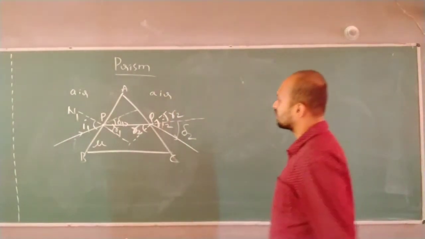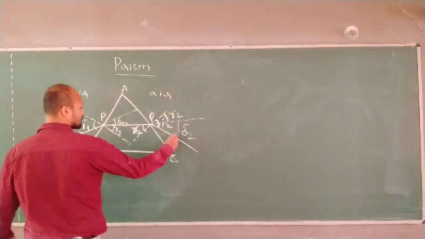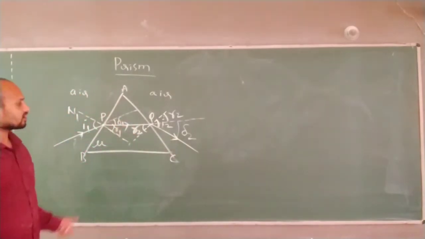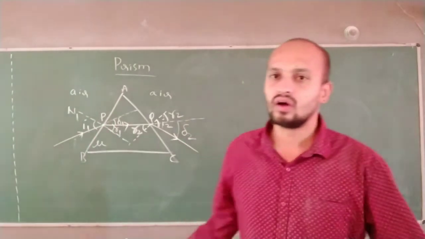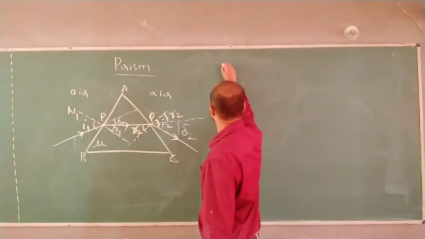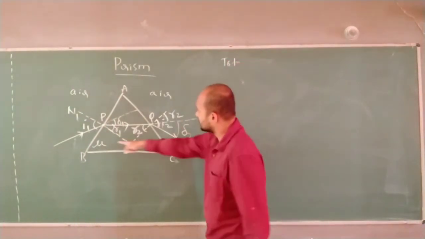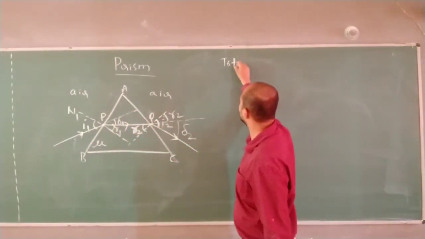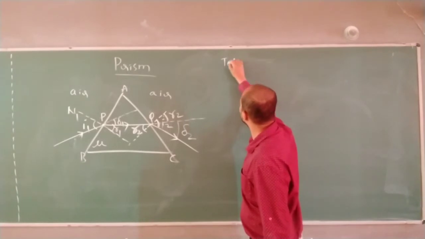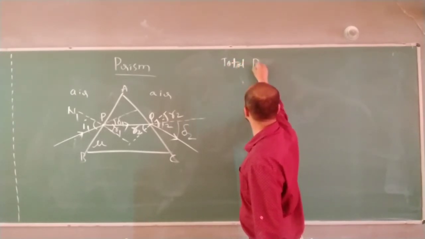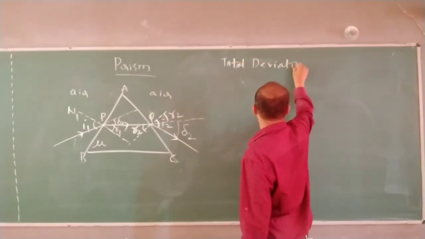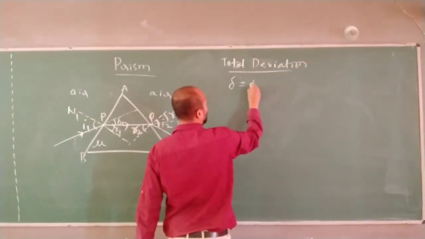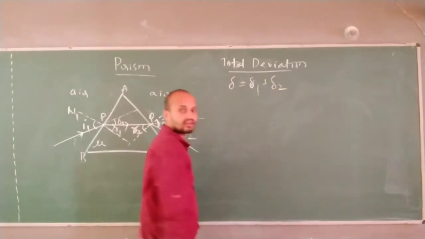From these relations, I am going to derive first the total deviation. The light is going like this and it's coming like this. The total deviation in the prism is given by deviation through first surface plus deviation through second surface.